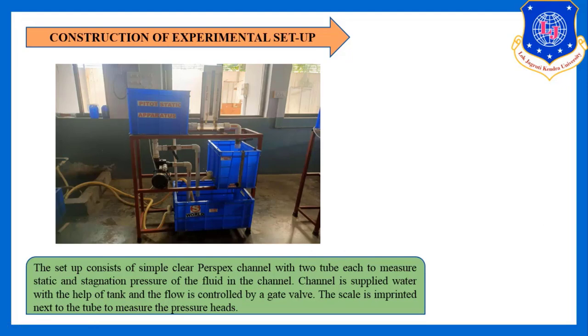And with the help of the valve, here you can see, we can control the flow rate of the fluid. And a scale is fitted next to the tube to measure the pressure heads. This is a scale which is installed here to measure the pressure head. So this is the brief of our experimental setup.